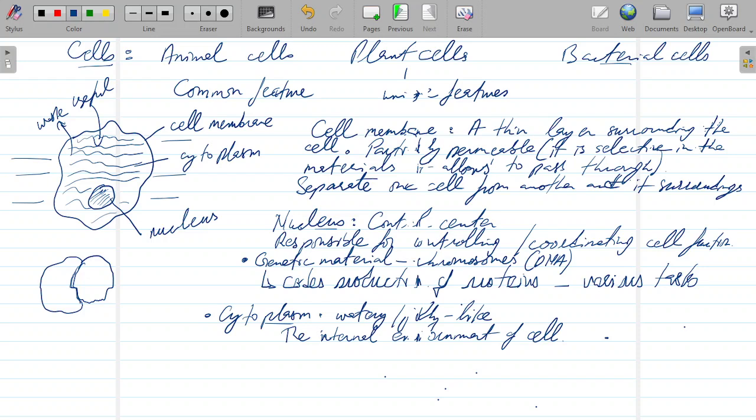Either the cell will trigger its own death, or the immune system will find out there's a problem with some cells in a region, and the immune cells will come in and kill that malfunctioning cell.